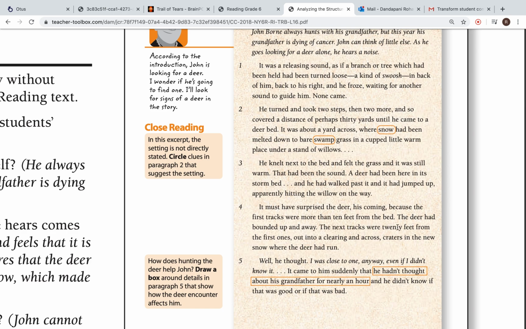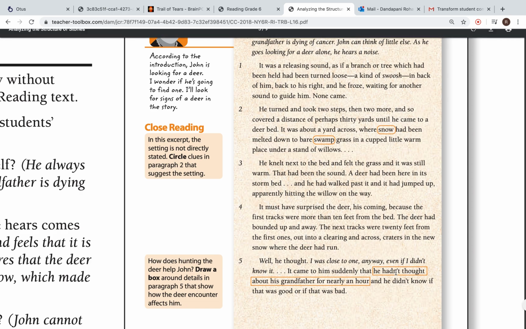The next tracks were 20 feet from the first ones, out into a clearing and across, craters in the new snow where the deer had run. Well, he thought, I was close to one anyway, even if I didn't know it. It came to him suddenly that he hadn't thought about his grandfather for nearly an hour, and he didn't know if that was good or if that was bad.